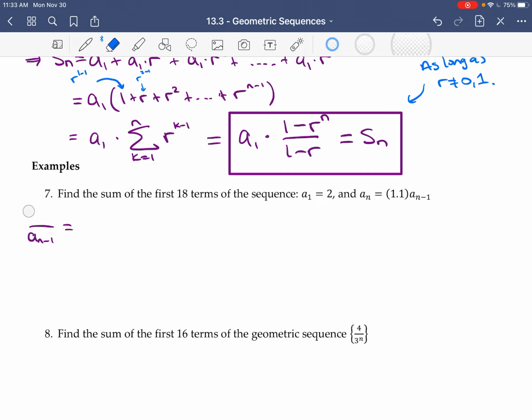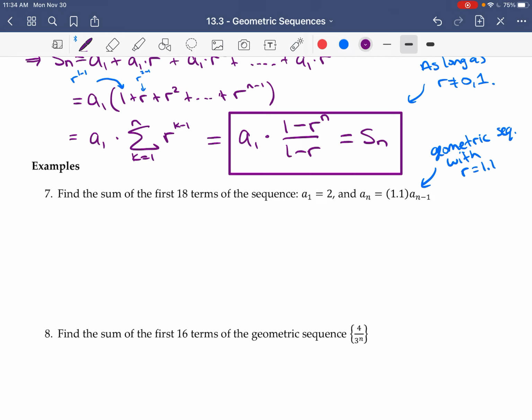Oh, I don't need to do this because this is a geometric sequence because it's a number times the one before. Okay, so this is defined geometrically. Okay, and the r is 1.1. That's what we multiply each term by.